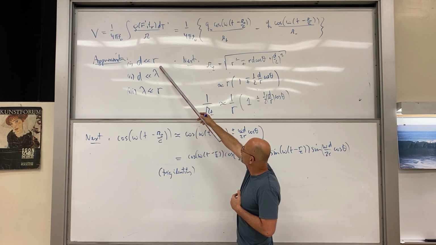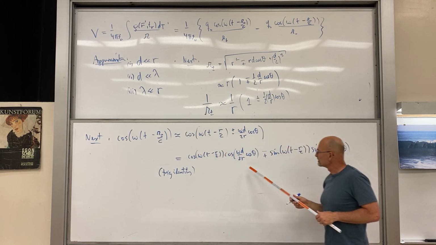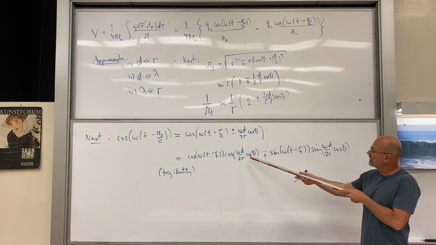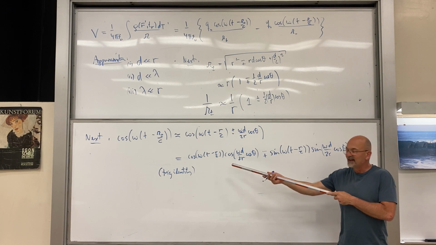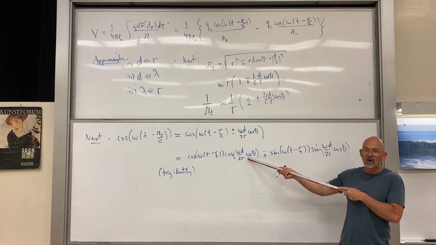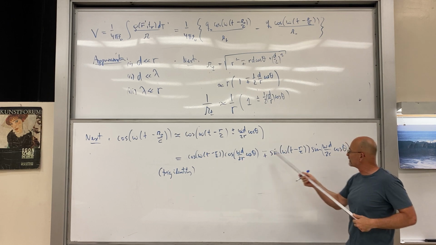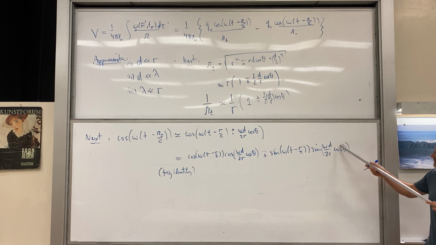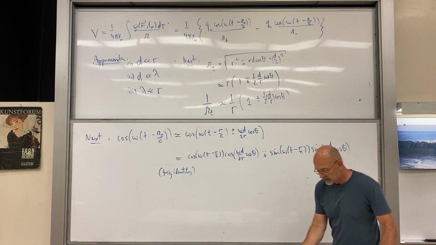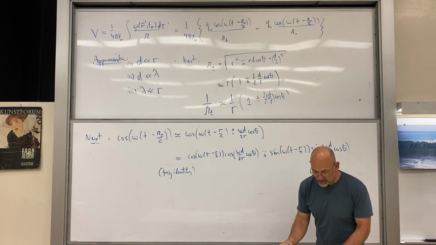Right, d is much less than r. So this is going to be much less than 1, and in the cosine we can replace it with a 1, from the cosine expansion. In the sine we can just pull it out and make that the first term of the sine expansion.